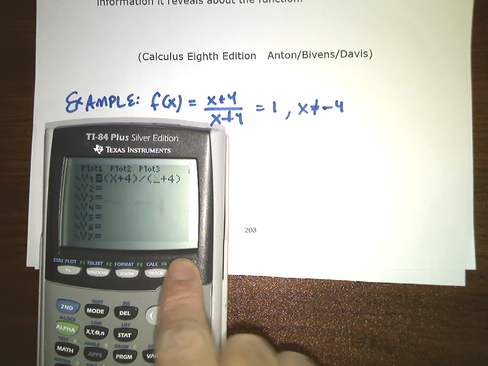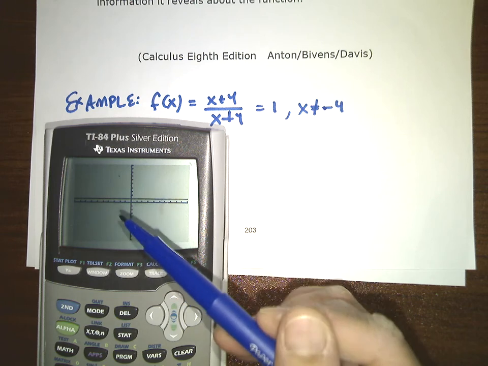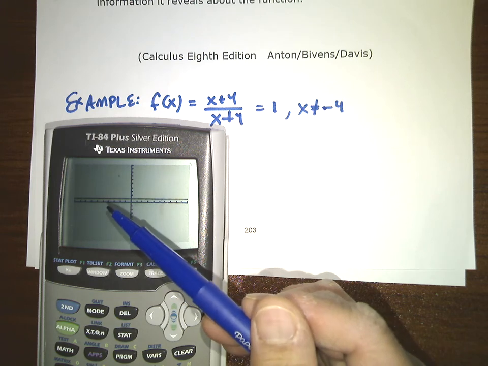Oh, I see. All right, you see that there is no indication to me on the calculator that x cannot equal -4.